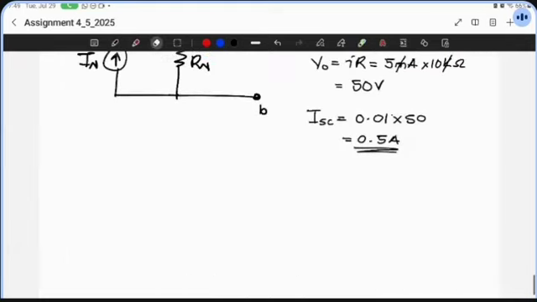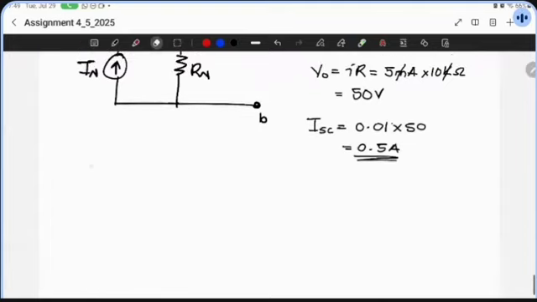The two quantities, I short circuit and V open circuit. Usually when you're determining a circuit, you determine the V open circuit. When dealing with Norton's theorem, we use I short circuit. But the two are actually related.